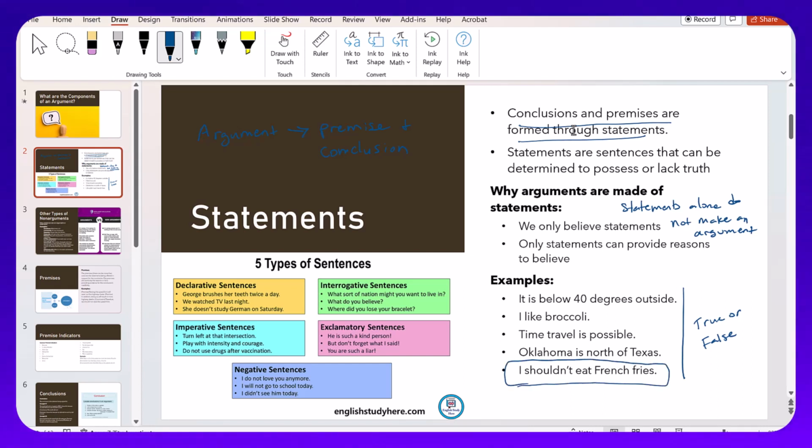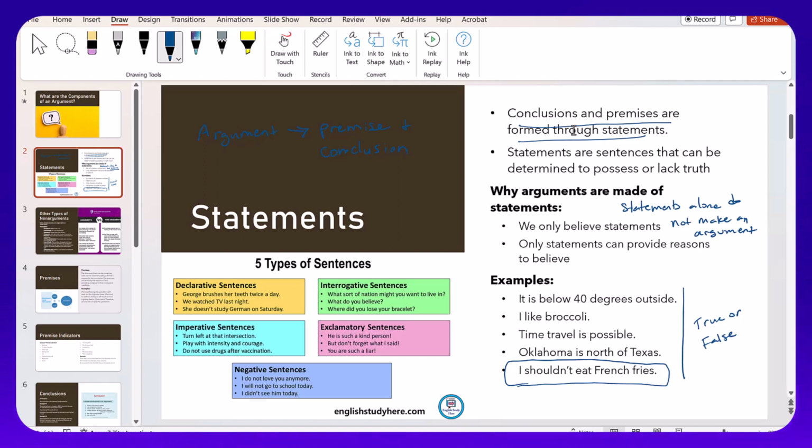is a personal statement, but you can look for these, right? If you're trying to determine if something is a statement versus an argument, one of the indicators is if it's just a single sentence, it's probably not an argument, because it's unlikely that you've included the premise and the conclusion within just that.